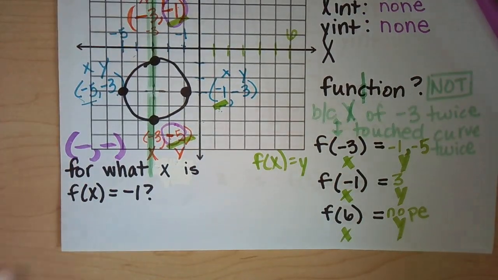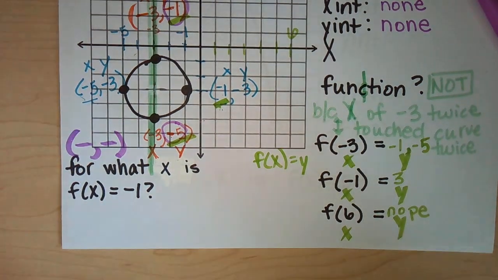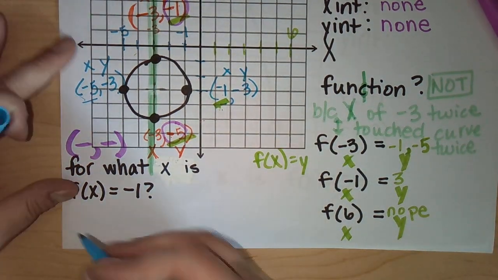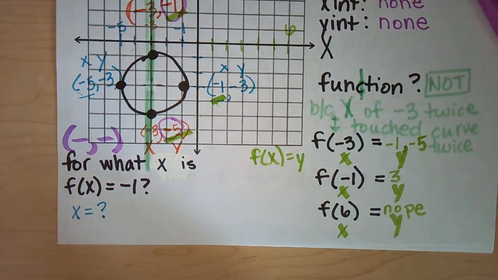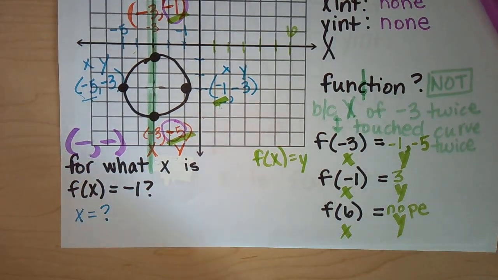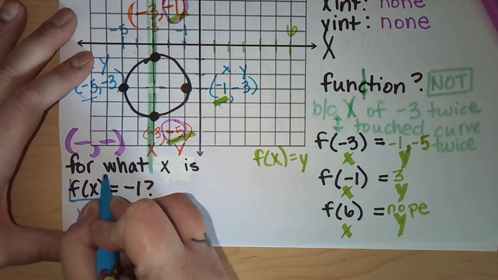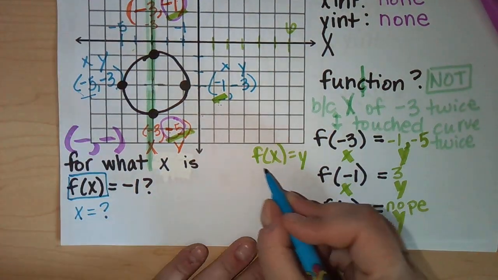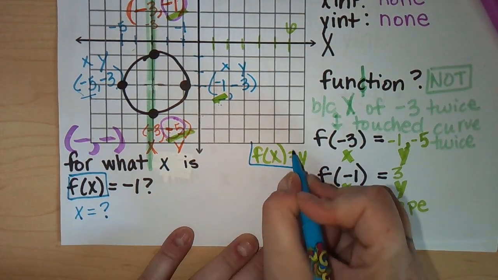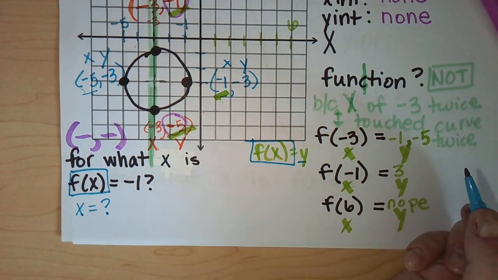Okay, from the picture. Now it says for what x is f of x equals -1. So this is saying x equals what, because what is like a who, what, where, when, how, whatever. It's a question mark. Okay, and then this says f parentheses x equals -1. Well, remember, when we see f parentheses x, it's equal to a y value.